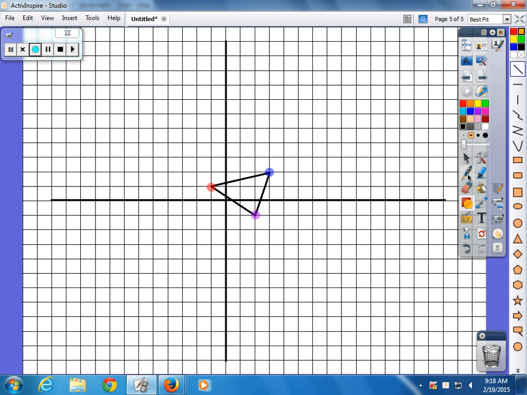I ain't got no dashed line on this thing, so let me do this on here. There it is. It could be a full rectangular plate.